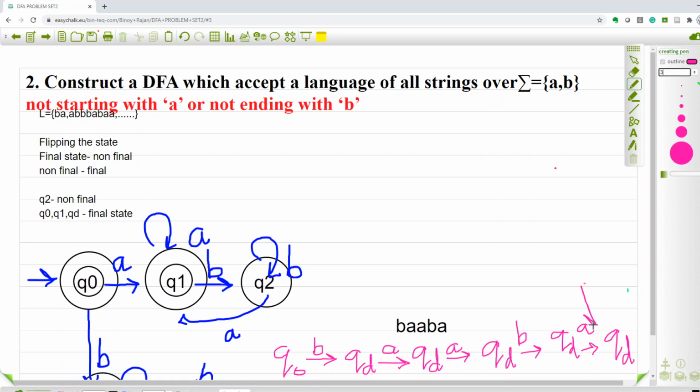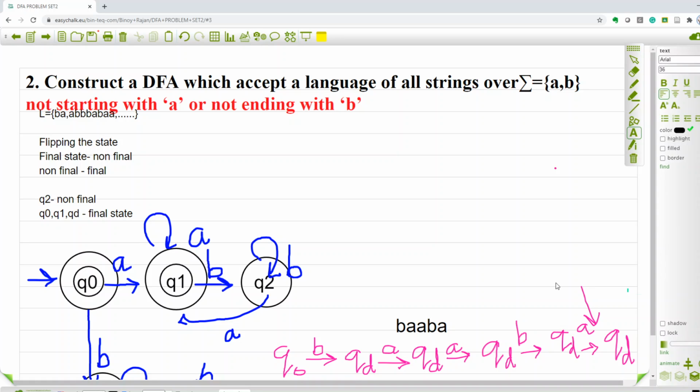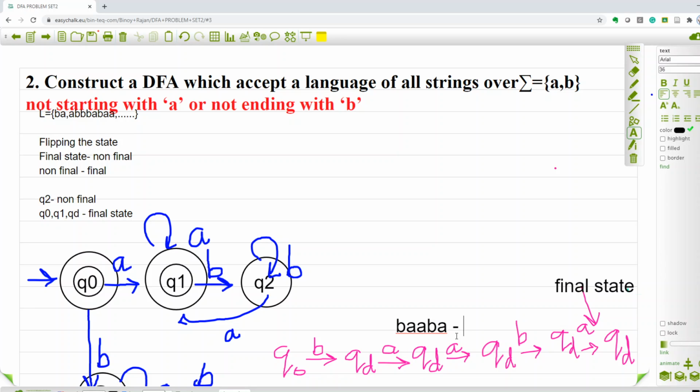So here QD is also a final state. So since the string ends in a final state, this string is accepted. So BA is also accepted.